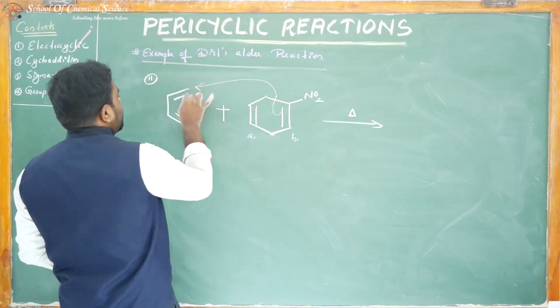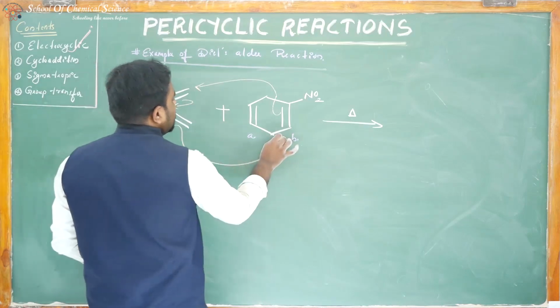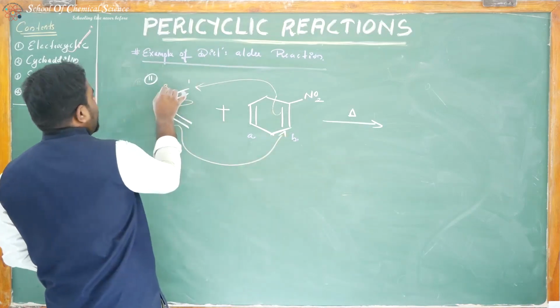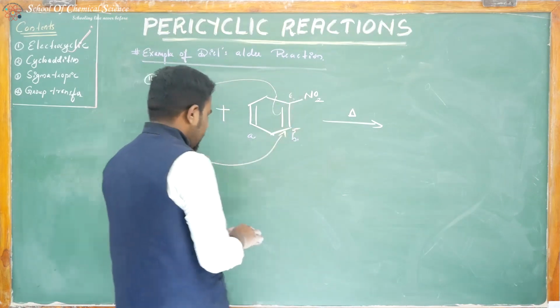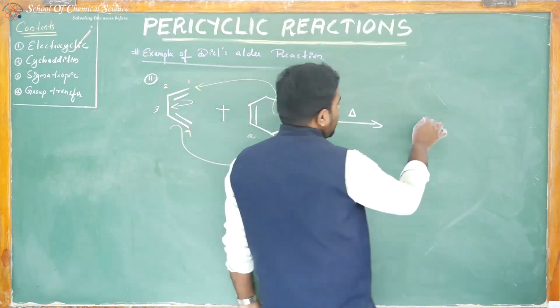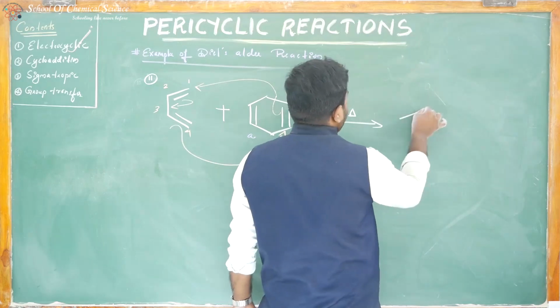This dienophile makes a bond here, this will move towards here, this will make a sigma bond. So carbon number 1, 2, 3, 4, this is 5 and 6. So a six-membered ring is formed.